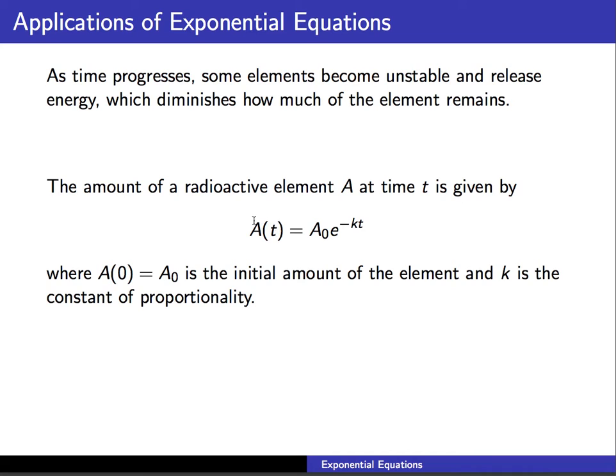A of t, the amount at any given moment of time, is equal to A with a little zero subscript, so you can read this as A sub 0, or A naught, N-A-U-G-H-T. Those refer to the initial amount that's present when the time is 0. So it's the amount that we start with times our e, we've seen in the past, to the negative k times t power, where k is called the constant of proportionality.